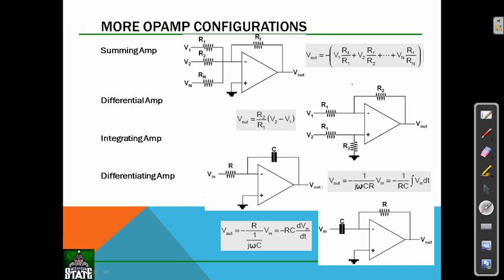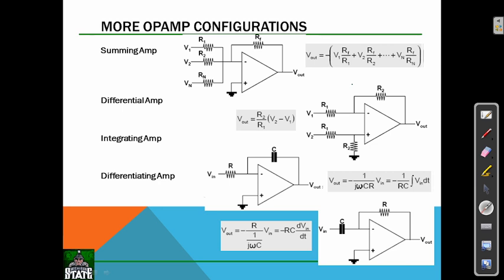Then we go for the differentiating amplifier. The differentiating amplifier is the same as the integrating amplifier. The main difference is that the resistor goes in the feedback, and the capacitor takes the place of the input resistor. Here the input voltage connects through a capacitor, and the resistor R provides feedback to the output voltage. The positive terminal is ground, and the negative terminal has the capacitor connected to the input voltage.